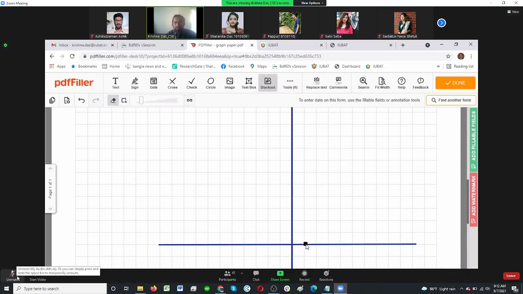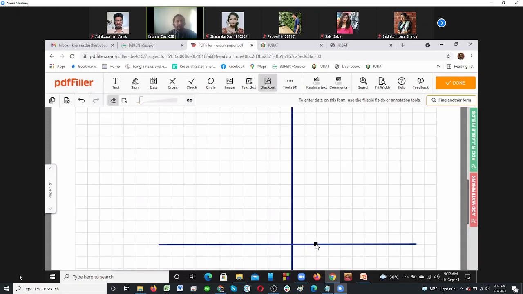So let us go and find P (2, 5). Let us take 2 boxes for 1 unit, which would be better.